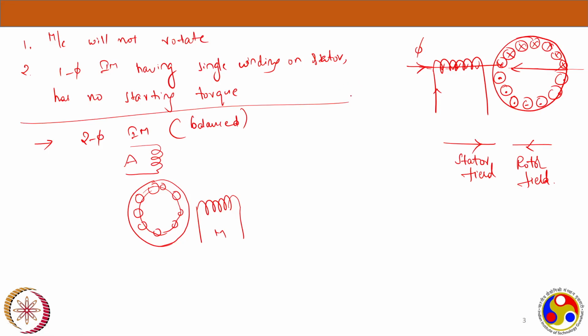So let's say these two coils are supplied. Before that, let's see how the axes will work. The coil M, if you see, let's say your coil M is here, and if you use the right hand thumb rule, you will get the axis of M here.